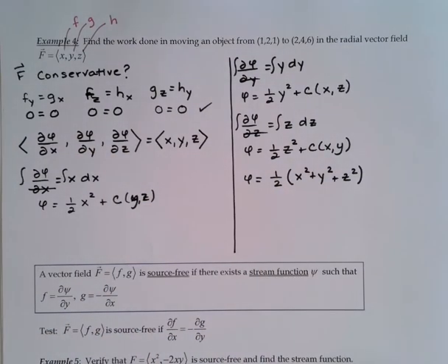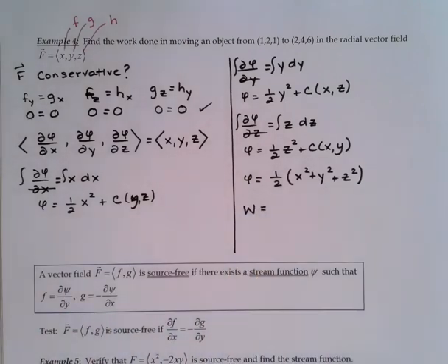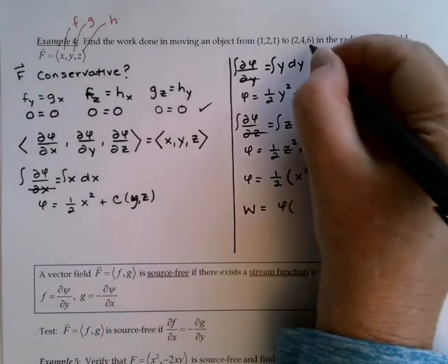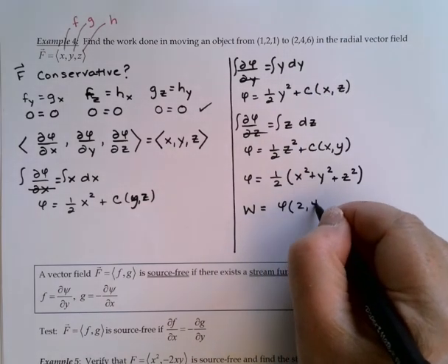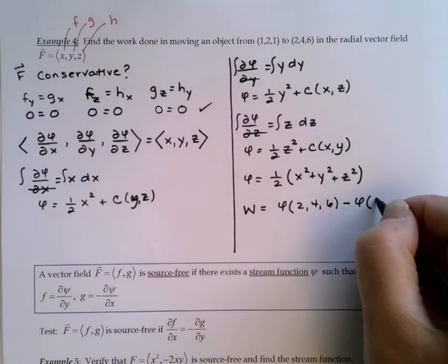All right, now that I've got my potential function, the work, which is the same as the circulation integral, is just phi of the end point (2, 4, 6) minus phi of the starting point (1, 2, 1).